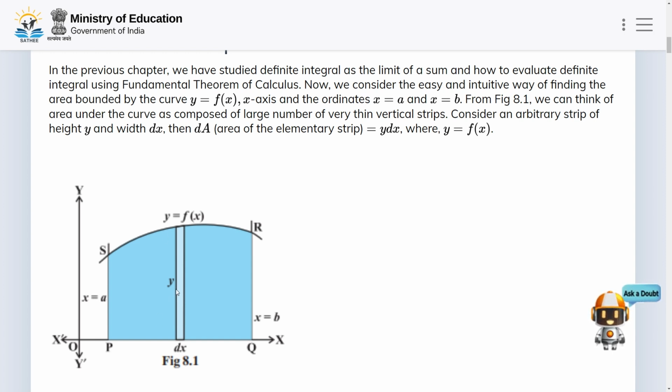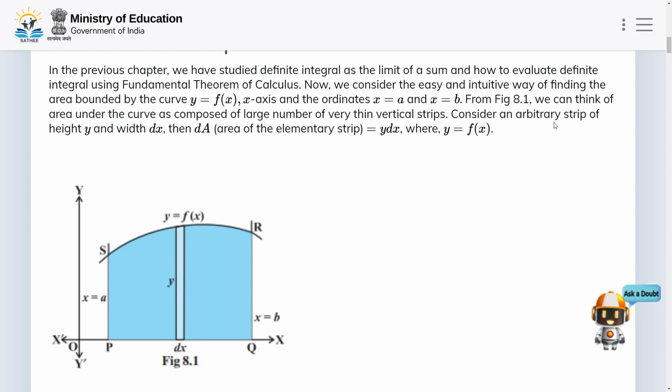So you cut many strips, find the area of a single strip again and again, and then add them. You will get your total area. This is our intuition in this case.